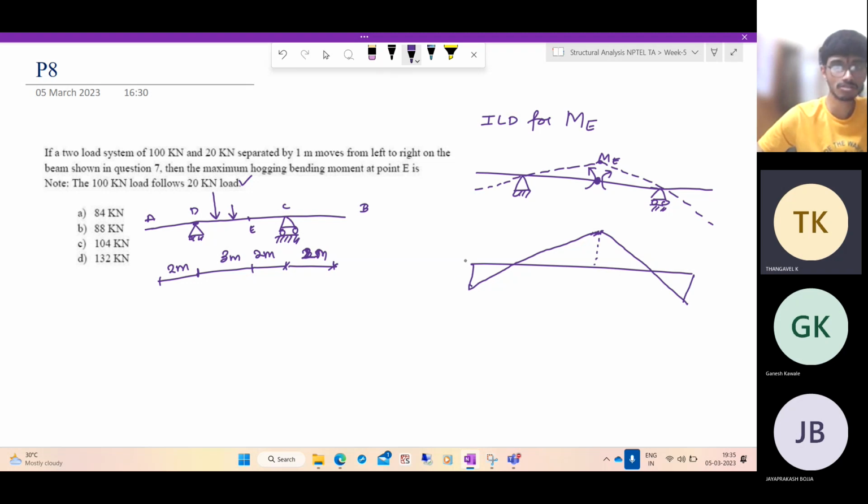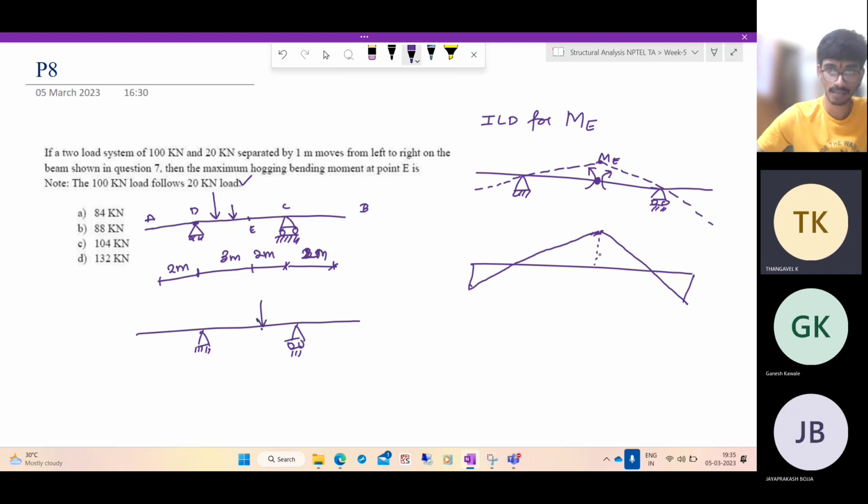How to find out the values? So as usual, let us apply the unit load at the point. So maximum, let us find out where the maximum moment will occur.